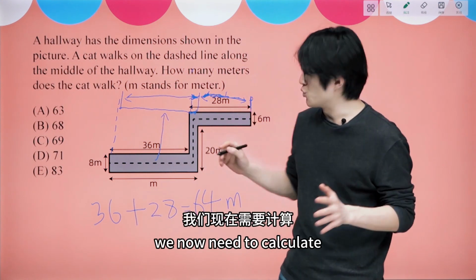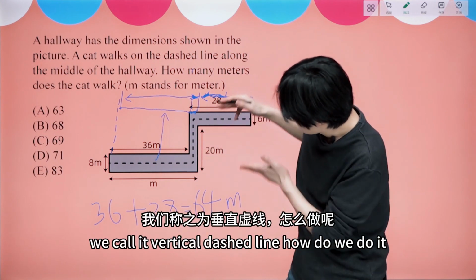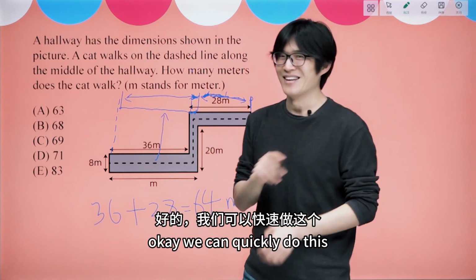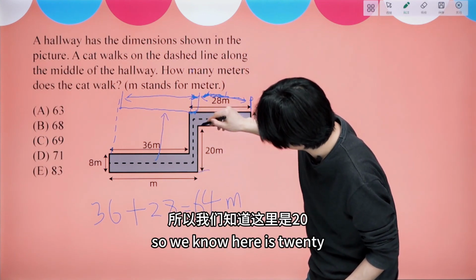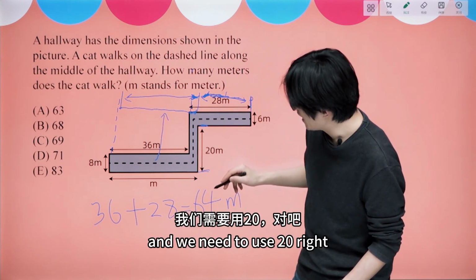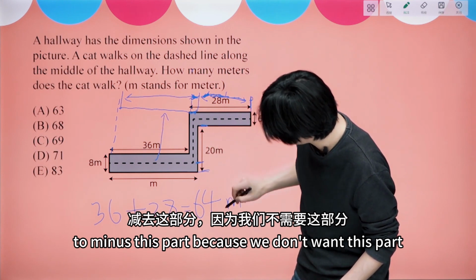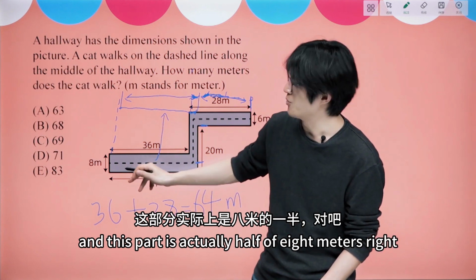We now need to calculate this part, right? We call it a vertical dashed line. How do we do it? Okay, we can quickly do this. So we know here is 20, and we need to use 20 to minus this part, because we don't want this part, and this part is actually half of 8 meters, right?